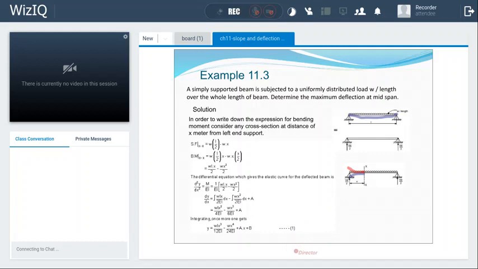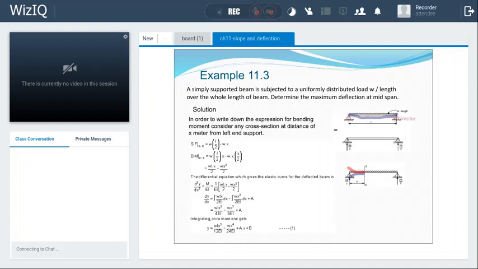Now we go to the next slide and see how we can find these values for A and B by applying boundary conditions. In this case, you can easily see that at these two points the deflection will be 0, but we don't know at which point the slope will be 0. We can say that because of the symmetry, the slope will be 0 at the center, where maximum deflection will be, but we will not use that condition.